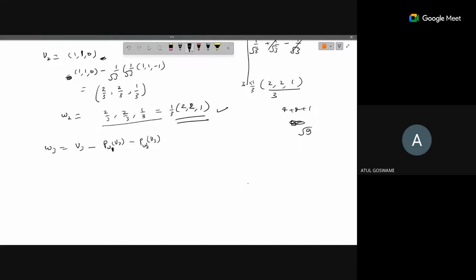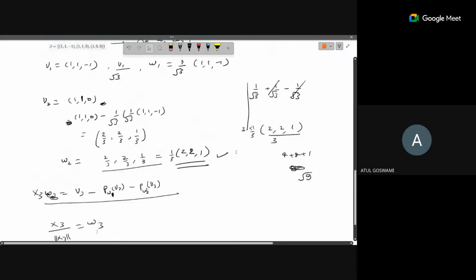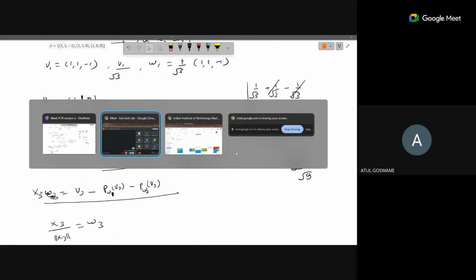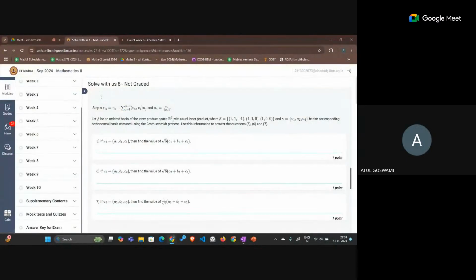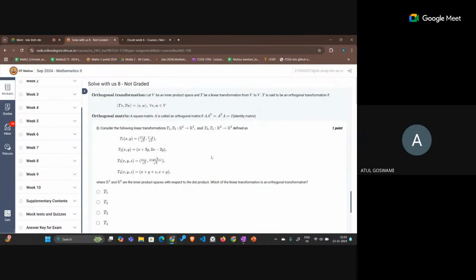You just take the projection of this vector v3 and subtract, and you'll get some vector, suppose x3. Then when x3 is divided by its norm, you will get w3. This is how you will get these three vectors. Once you get these vectors, you can find the values of a1, b1, c1 and calculate this. Now all of you solve this.